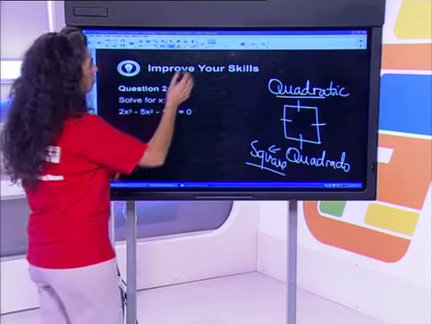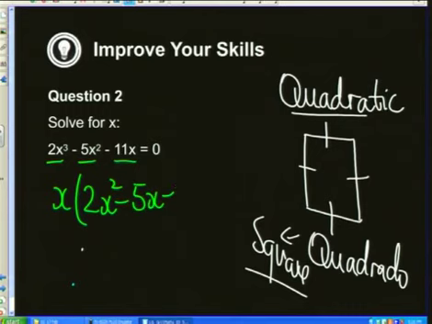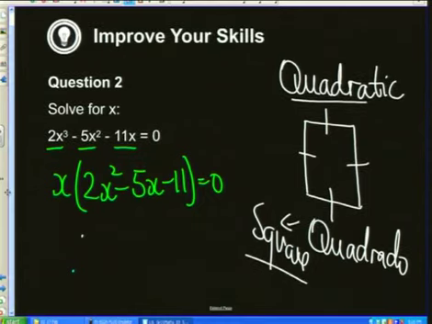So I look at all 3 terms and I ask myself, is there a common factor in all these 3 terms? Yes, there is. There is an x. So I'm left with 2x squared minus 5x minus 11 is equal to 0. So now I'm landing with a very interesting trinomial here, plus this factor.